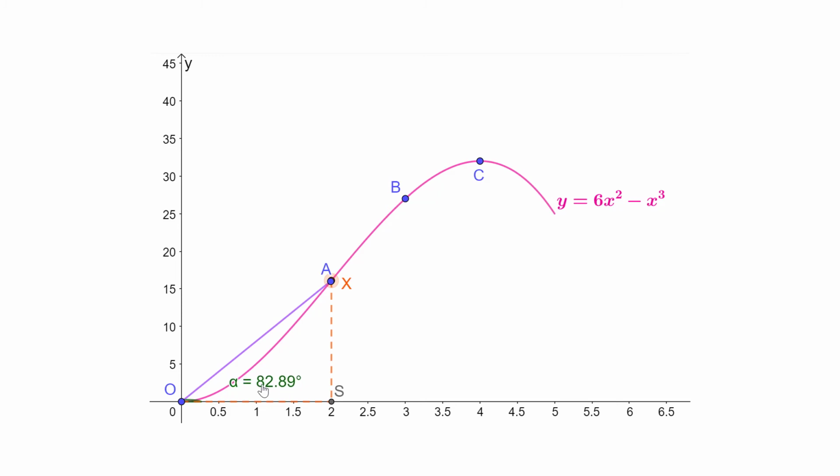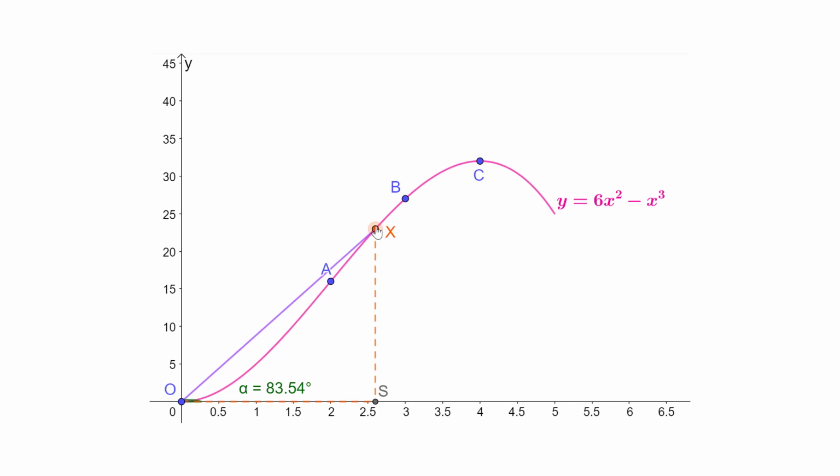And you should be able to see here that as I move X along the curve, the angle is changing. And at this point, you can guess at the 3 points A, B, and C, which one has the largest APP.